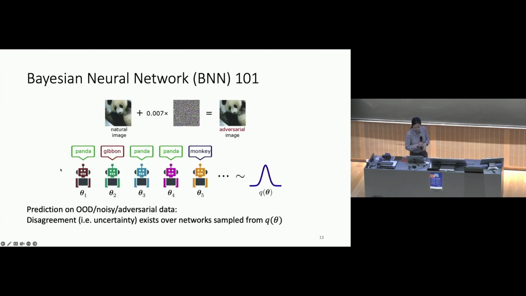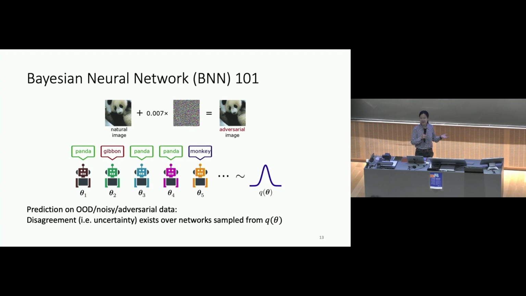Now, imagine that you have some test inputs which are out of the training distribution, or even an adversarial input. Remember that you have an ensemble of neural networks where each of the members is sampled from the approximate posterior. In this case, you can see that some of the neural networks made wrong predictions.